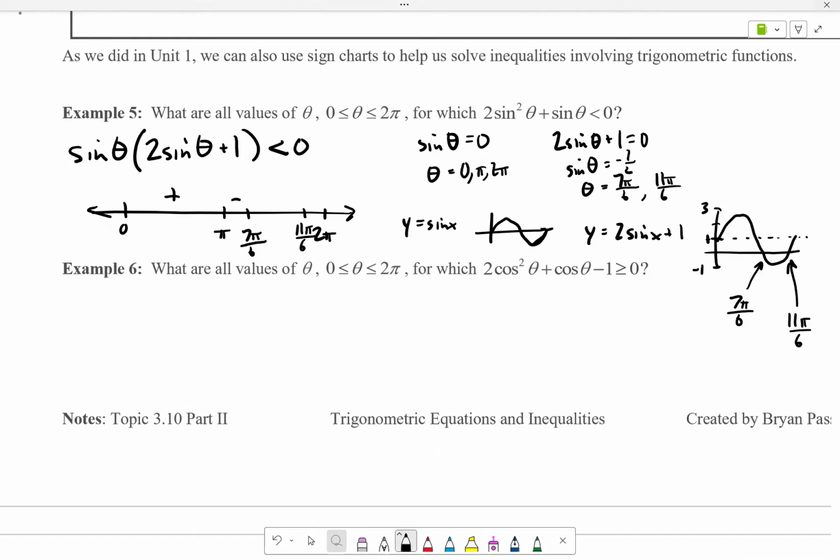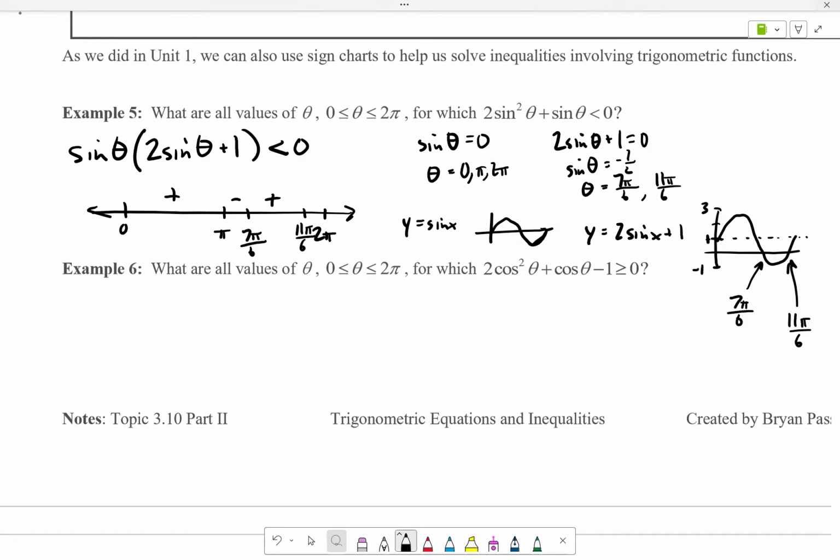But for sine of x, the sign is changing, which is why it goes from positive to negative. At 7 pi over 6, we look at the second sketch. The sign, S-I-G-N, is changing, which is why we go from negative to positive.